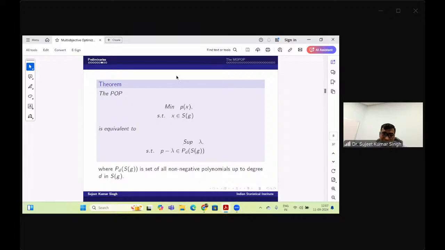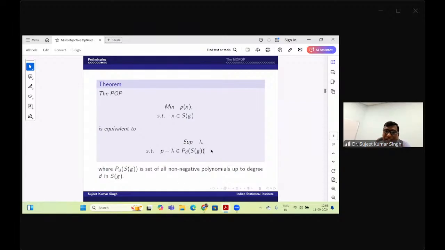Then the polynomial optimization problem can further be written like this: minimize this polynomial p(x), where x is in the semi-algebraic set, which is equivalent to finding a supremum of a parameter lambda, such that the polynomial p minus that parameter lambda is in this type of semi-algebraic set, that is P_d(S_G), where P_d(S_G) basically represents all non-negative polynomials up to degree d in this semi-algebraic set S_G.